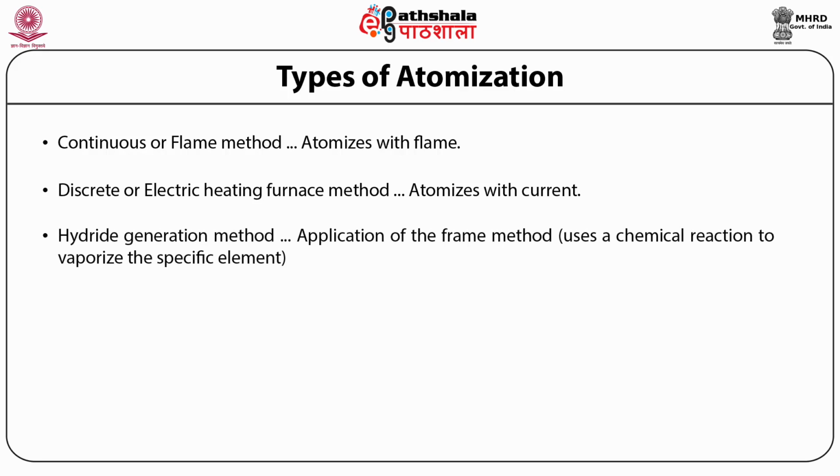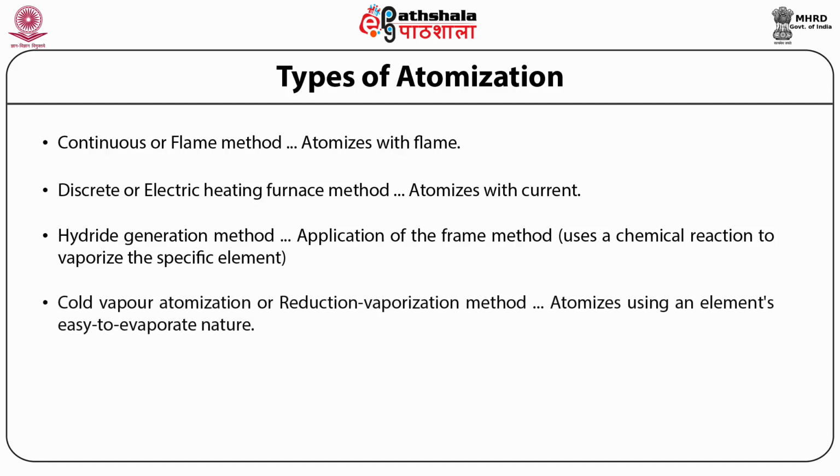The hydride generation method is another method, an application of the flame method which uses chemical reaction to vaporize the elements. The cold vapor atomization or reduction vaporization method uses elements that are easy to evaporate in nature.